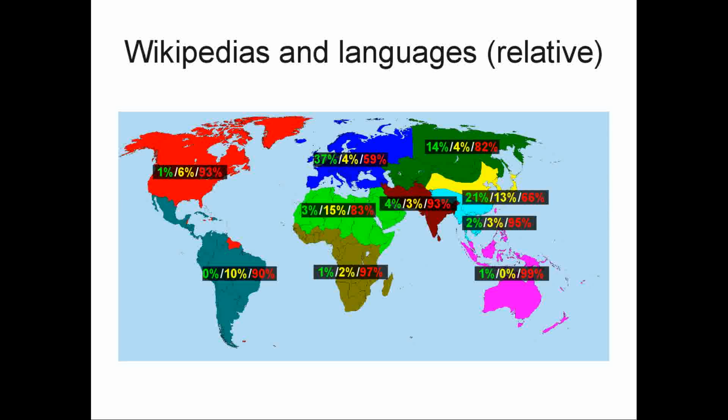It also strikes that there is just 1% of languages covered in Oceania, Polynesia and Australia, 1% in sub-Saharan Africa, 0% in South America, 1% in Anglo-French America, North America.